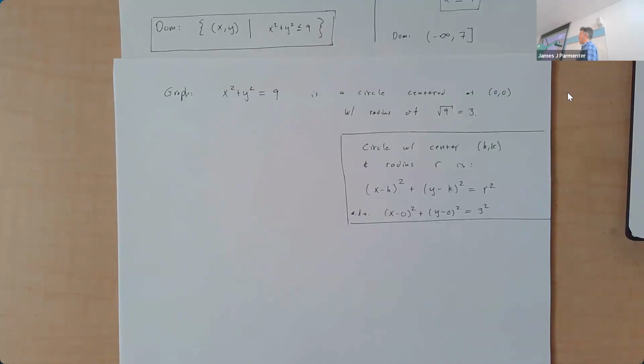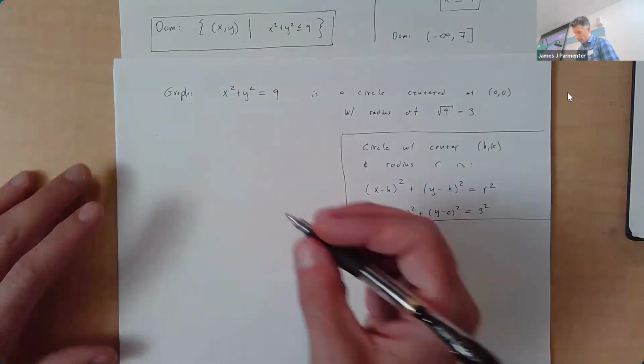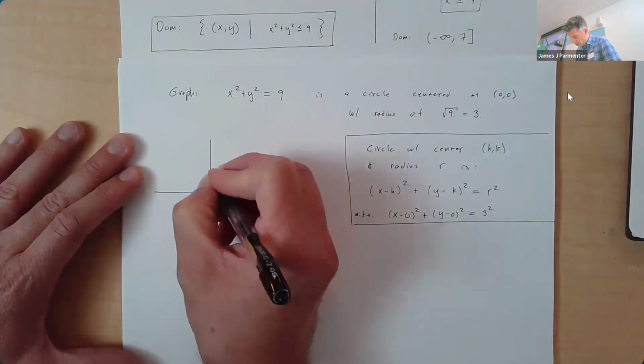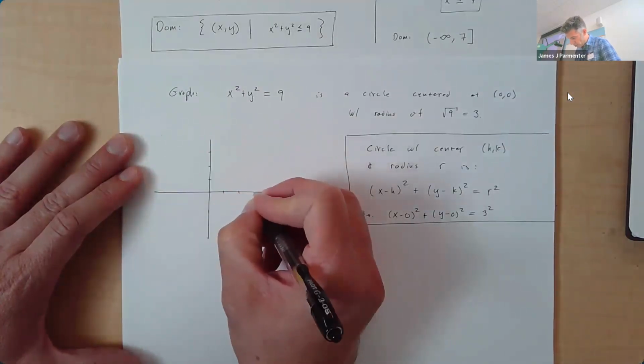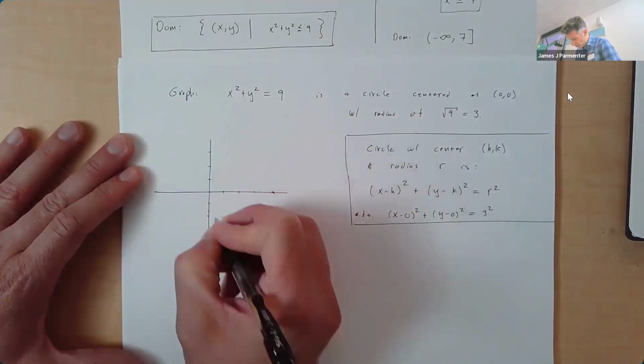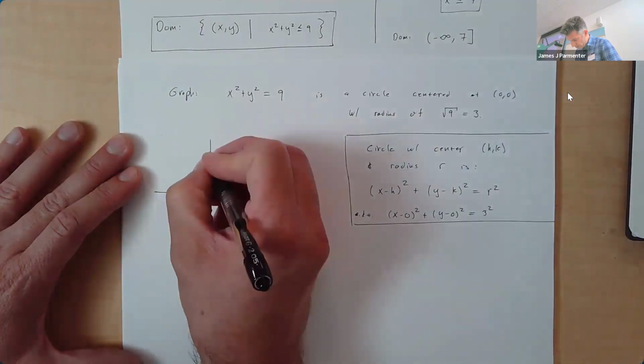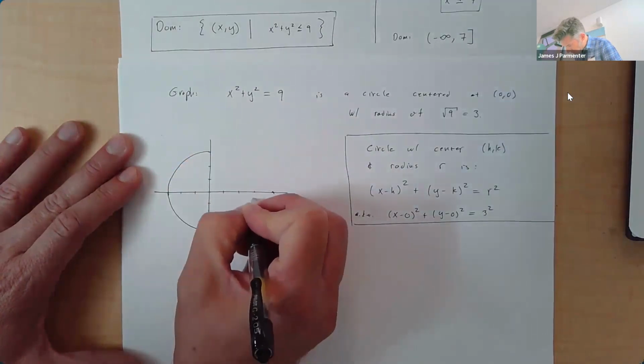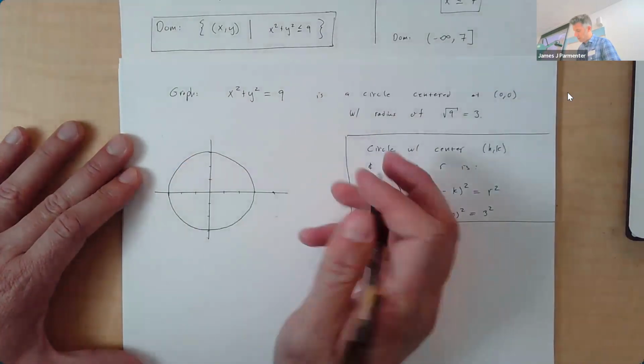Whereas if I was trying to exclude it, I would draw it as dashed, which we'll do for the next example. So 1, 2, 3, 1, 2, 3. Draw your best circle you can. Pretty good, not too shabby.